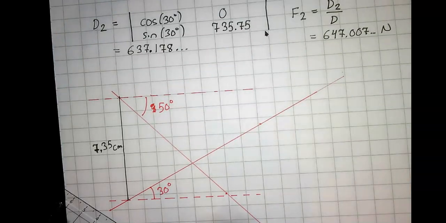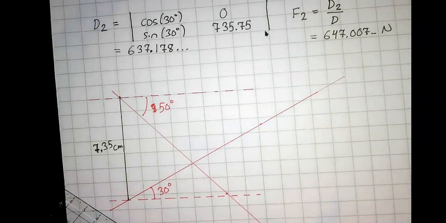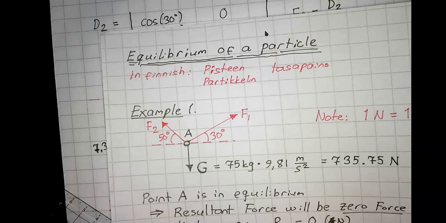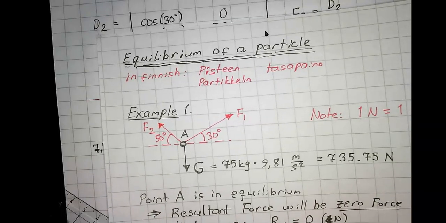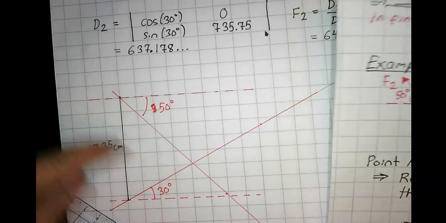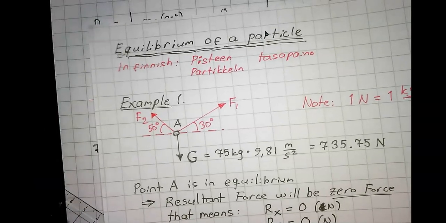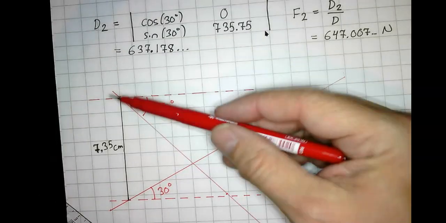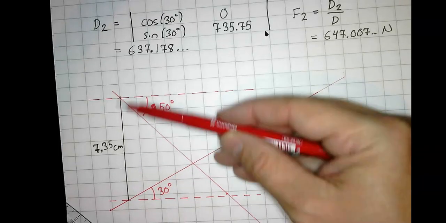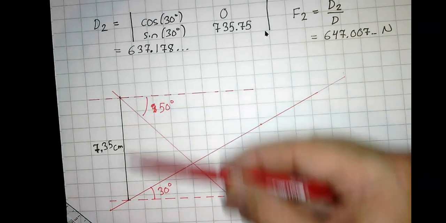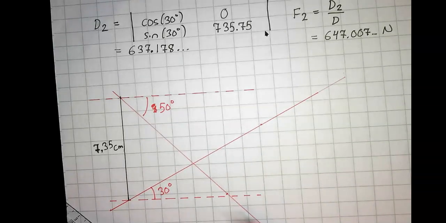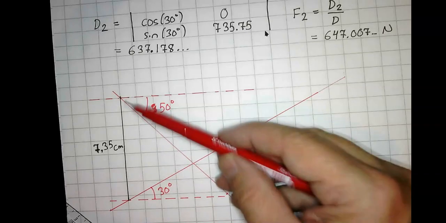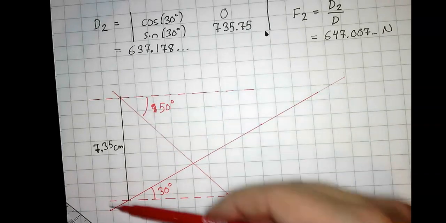The important thing is that these lines are in the same direction as these forces in the problem. And as you see, when I draw this known force and then draw these two lines, they cross here and form this kind of triangle.